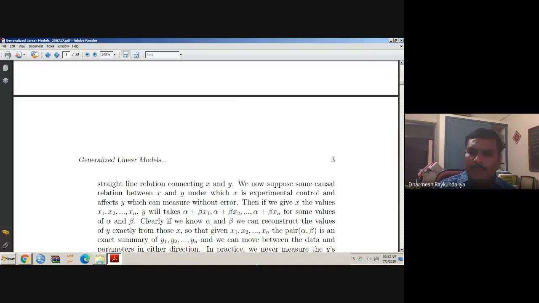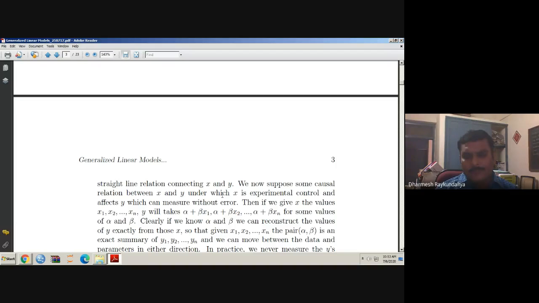It means that for given values of alpha and beta, we can reconstruct the values of y exactly from those of x, so that given x1, x2, xn, the pair alpha, beta is an exact summary of y1, y2, yn. So if we know alpha and beta, we can easily obtain the values of y1, y2, yn, and that is exact.